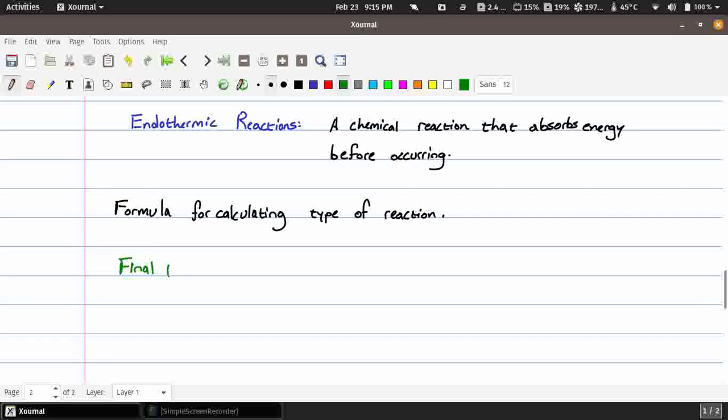So final energy, I don't know if there's a real symbol for this, but I always just write EF, like E sub F, equals energy of bonds broken, which would be your reactant side, minus energy of bonds formed.